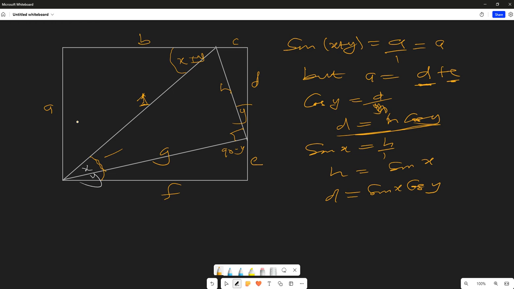When we come to E, E is opposite to Y, so we'll use sine to find that one. So sine Y is equal to E over the hypotenuse, which is J. Our E is equal to J sine Y. We don't want J, so let's find an expression for J using that triangle.